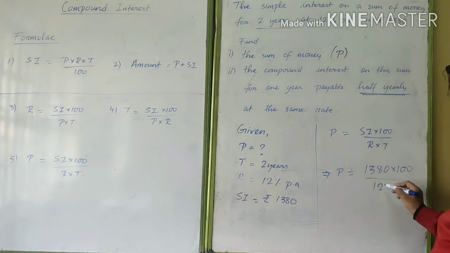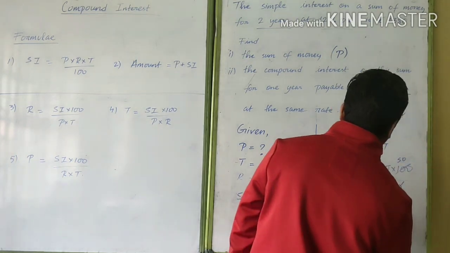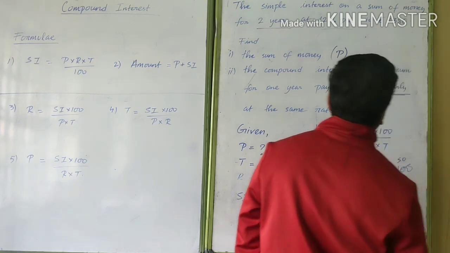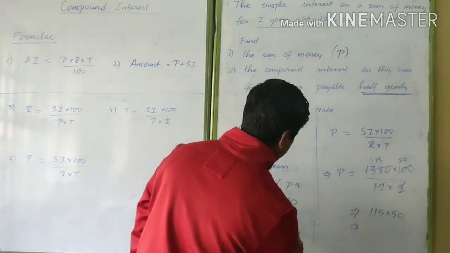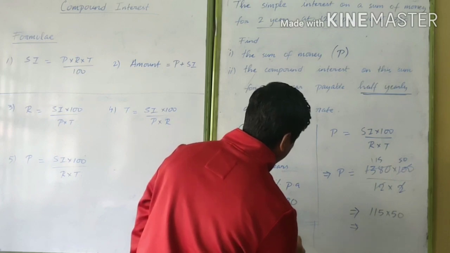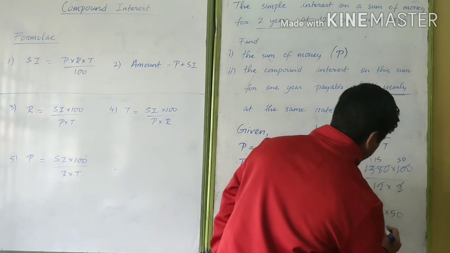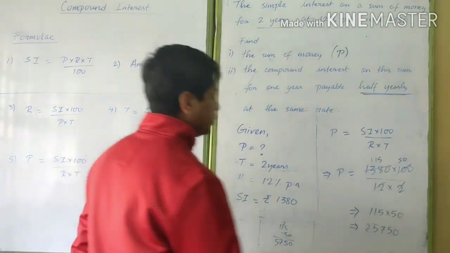So we will cancel it. 12 into 15 is 180, and this becomes 115 into 50. So my answer is 5750 rupees. This way we find the principal. So this is the sum of money.